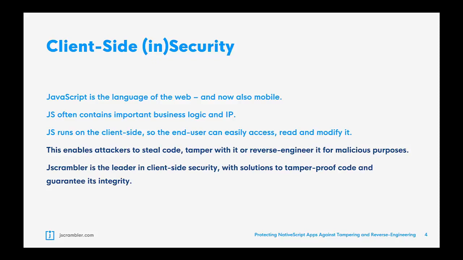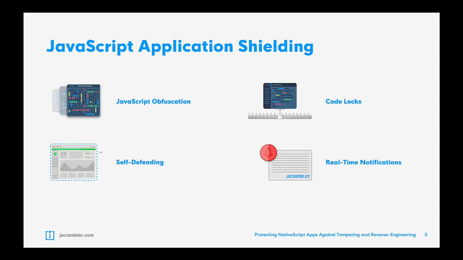In either case, these attacks can hurt your business regardless of your business size. So this is why using solutions like JScrambler is important and can help you release your applications to the market with reduced risk. JScrambler offers a number of different security layers.